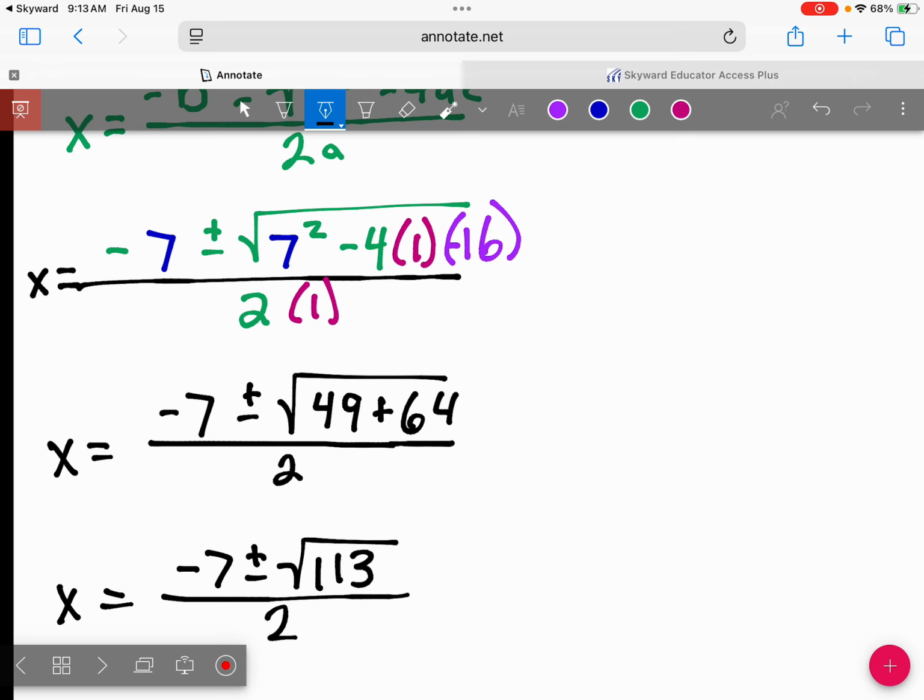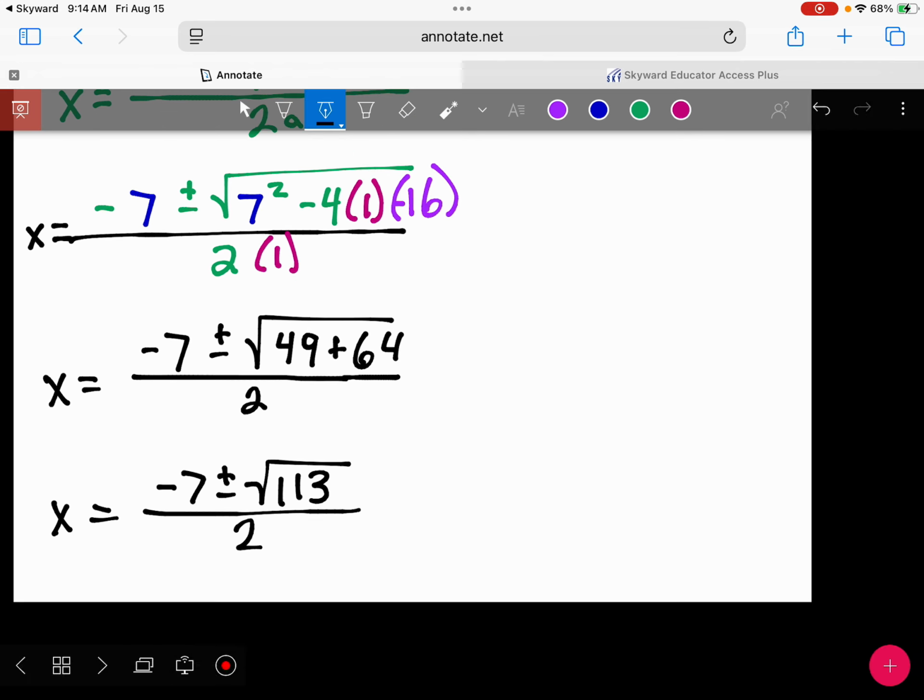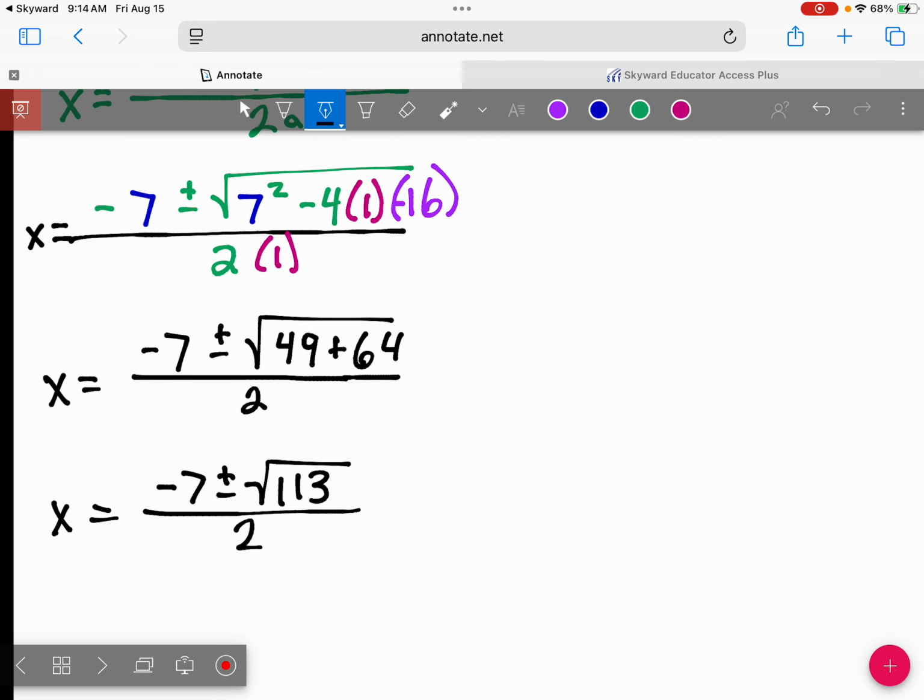Our easy way to check for 3's is if the digits add up to something divisible by 3, it will be divisible by 3. So 1 plus 1 plus 3 is 5, not divisible by 3. So it will not be divisible by 3, 6, or 9. That's the easy way to check it. You can also use a calculator and check it. That's our answer.